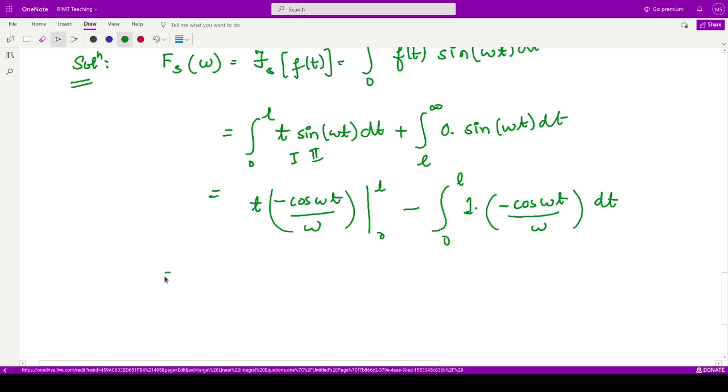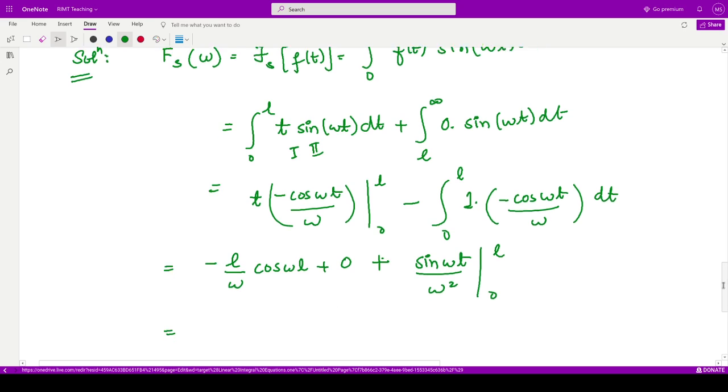So we can simplify this. When you substitute L, you would have minus L by omega cos omega L, and when you substitute 0, you would have 0 here, and this minus and minus becomes plus, and then the integration of cos omega t would be sine omega t divided by omega square, limits varying from 0 to L.